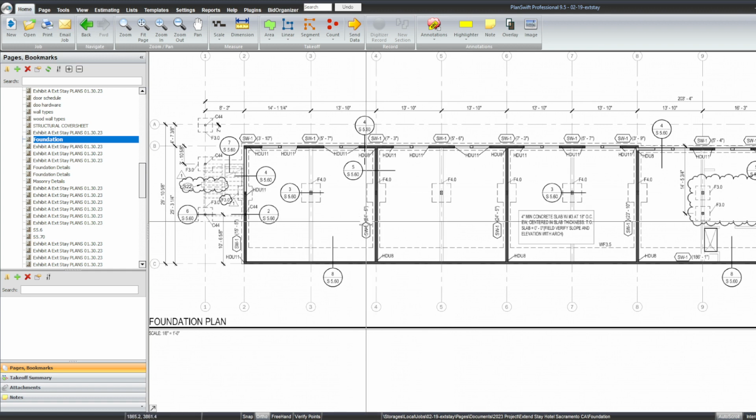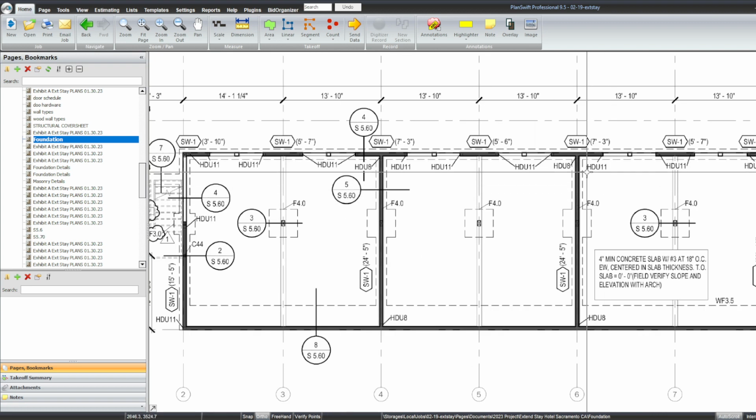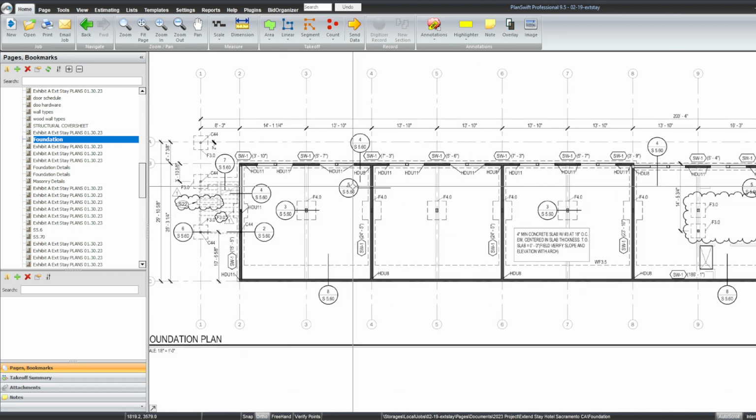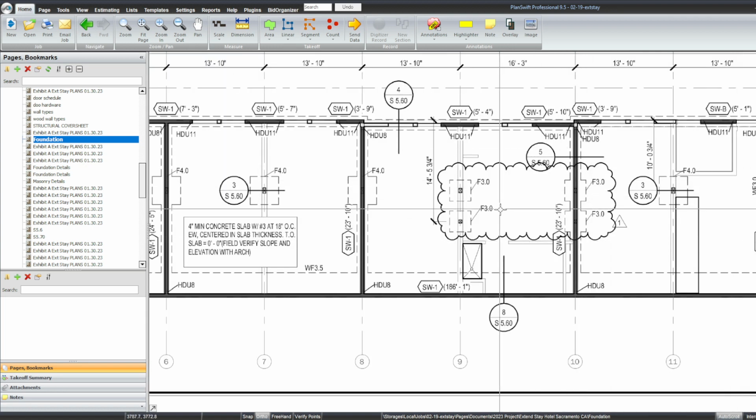But here, there's a continuous footer. And looking at the fact that they're giving us one section view, chances are they are all the same. The continuous footers are probably all of the same construction as 5 over S, okay? Unless it gives you something different, which it doesn't.